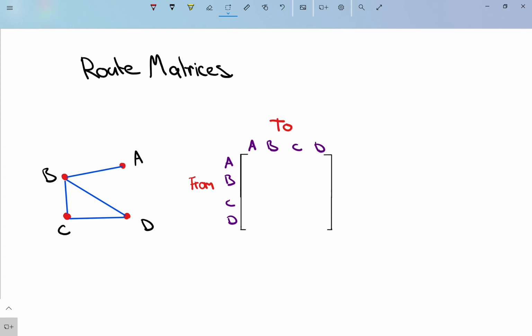So for instance, this element here would be going from town B to town A. Okay, and then we're going to list the number of possible ways that you could get to them. So I'm going to go through and start filling in this matrix, and you'll start to see some patterns emerge.